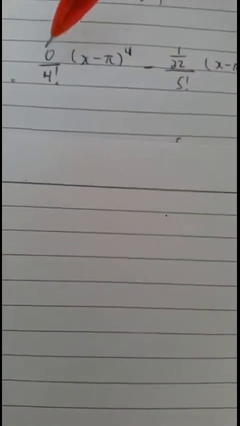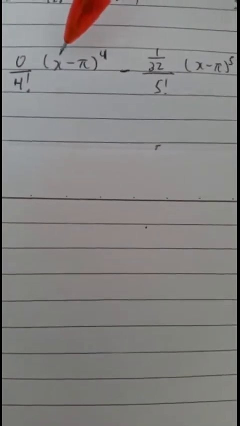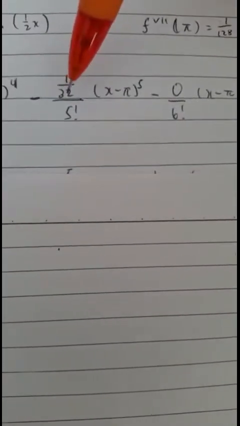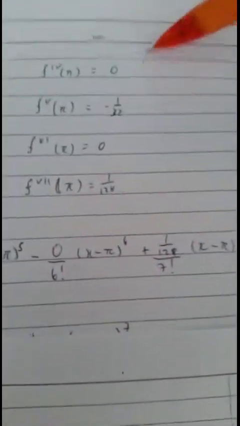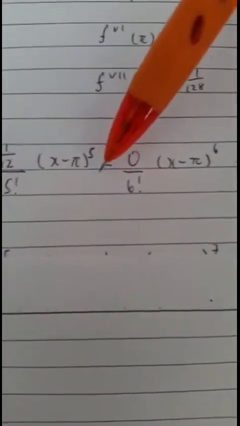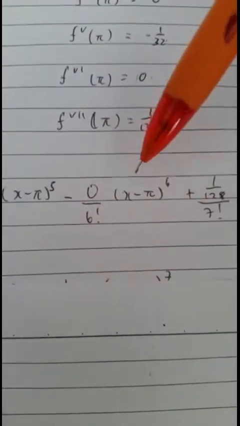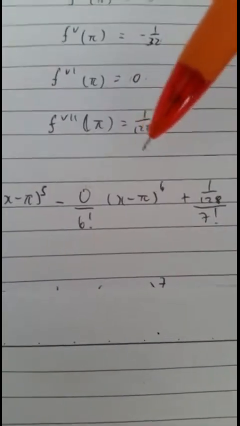From what we can get, the 4th term will be 0 over 4 factorial bracket x minus pi to the power 4, minus 1 over 32 over 5 factorial. This is the a value, which can be seen from here, and to the power of 5, minus 0 over 6 factorial bracket x minus pi to the power of 6.